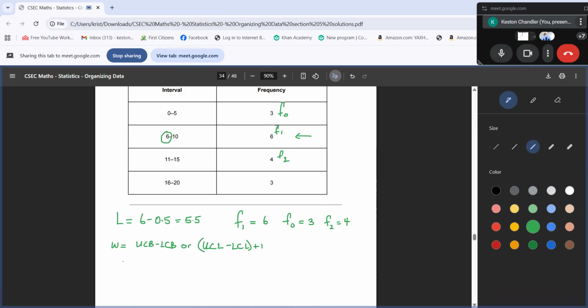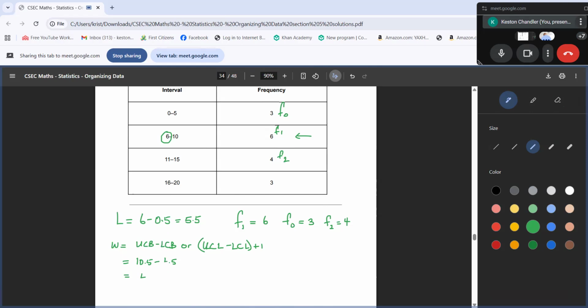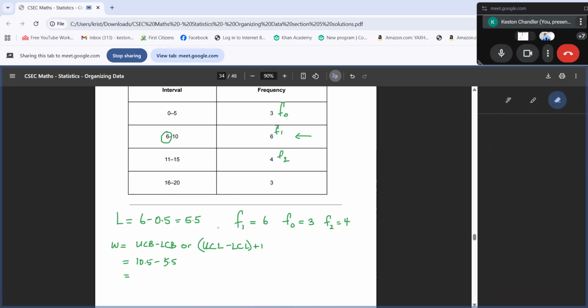I'll just go with the upper class boundary, 10.5 minus 5.5. Oops, not 6.5, it's supposed to be 5.5. The lower class boundary is 5.5. That gives me a class width of 5. Right, that's a little better.